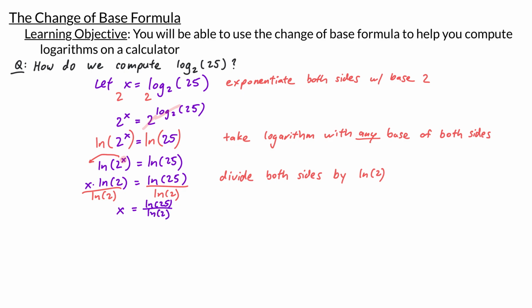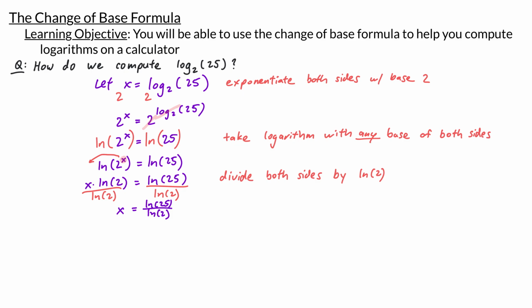So we see that our original logarithm, log with base 2 of 25, is equivalent to ln of 25 divided by ln of 2. Before, our logarithm was base 2. Now we have natural logs, which is logarithms with base e. And ln of 25 and ln of 2 are things that we can type into our calculator.